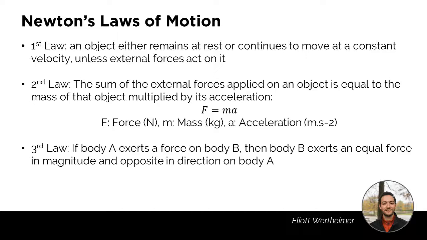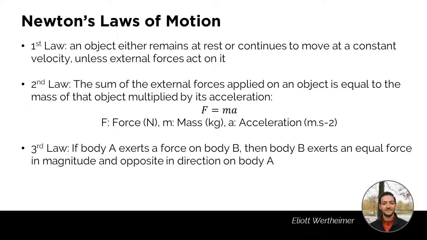The second law states that the sum of external forces applied on an object is equal to the mass of that object multiplied by its acceleration. F equals ma. So if you know an object's mass and its acceleration, you can know what force is applied on it.